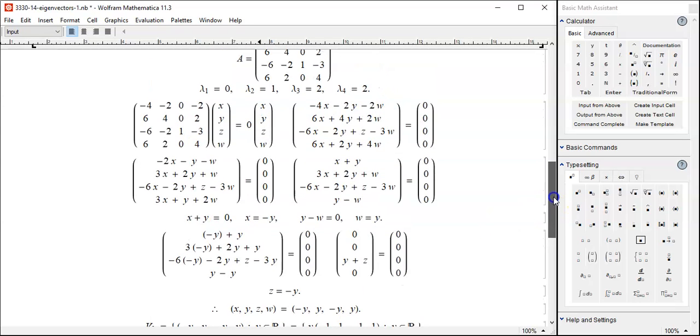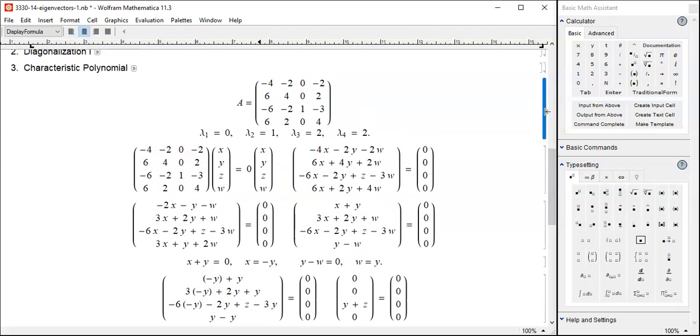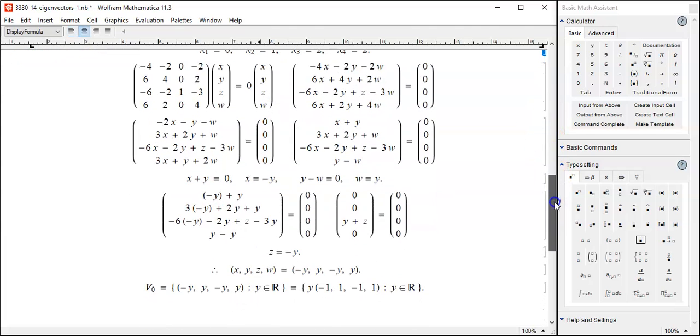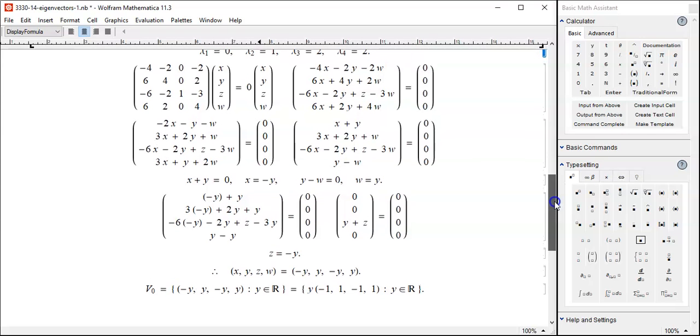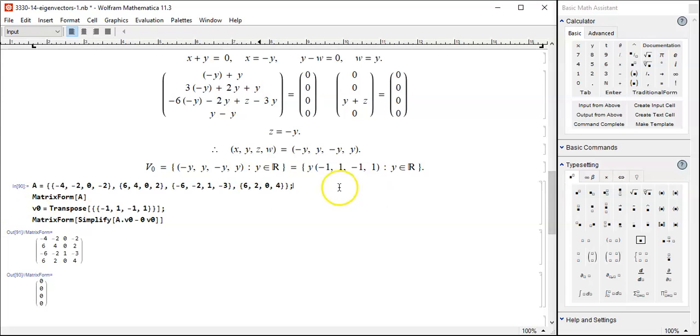Let's see if this computation is correct. Let me stop this recording a little bit here and get some mathematical computation done. Give me a moment. Okay, I did my mathematical computation and it's here.